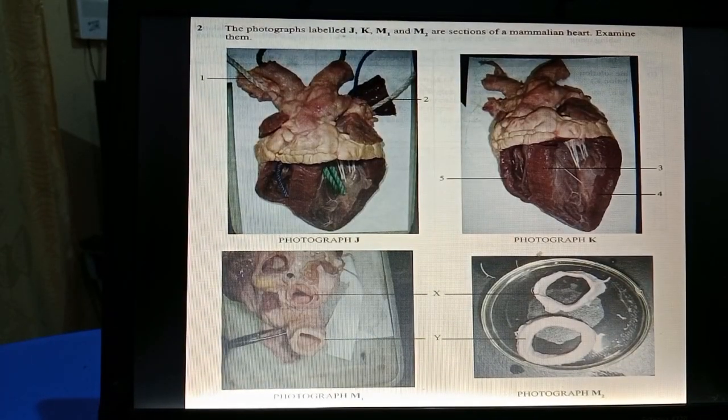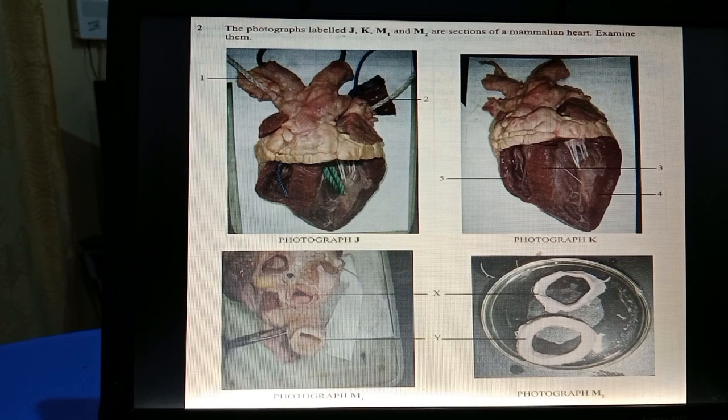Question 2. The photographs J, K, M1 and M2 are sections of a mammalian heart. Examine them. Photograph J has labels 1 and 2. Photograph K has 3, 4, and 5.